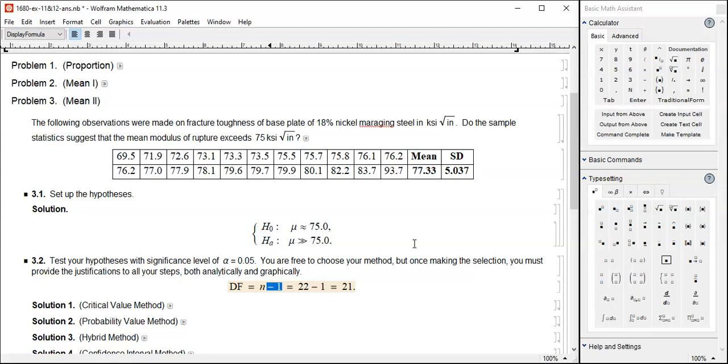When you have bivariate data, there are occasions that you have to subtract 2, and so on, but that's not going to be covered in a 1000 level stat course. So the degree of freedom for the t distribution is n-1, so it's 21, and that is something you have to focus on in the t-table.